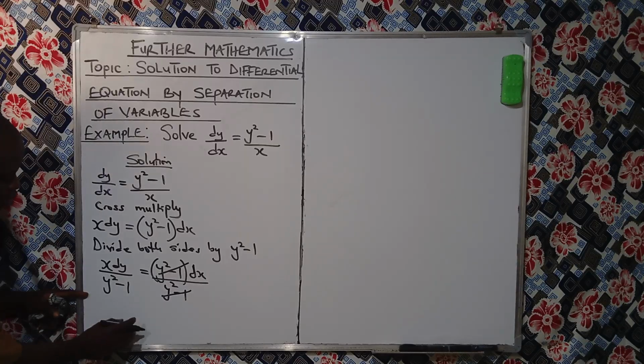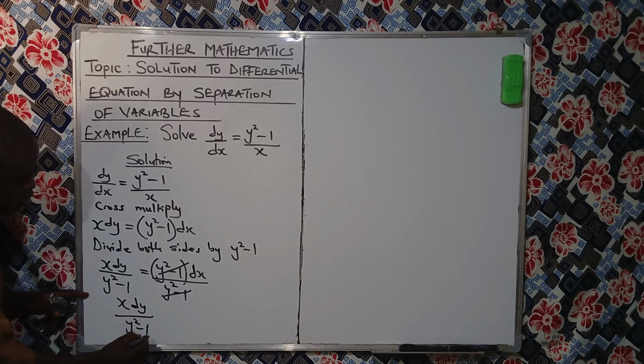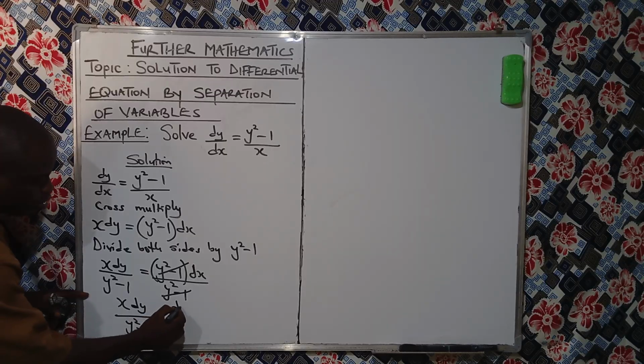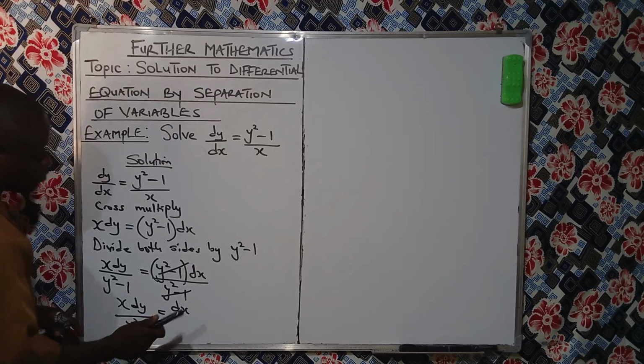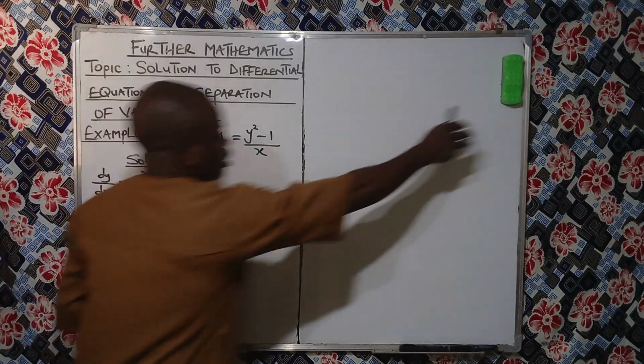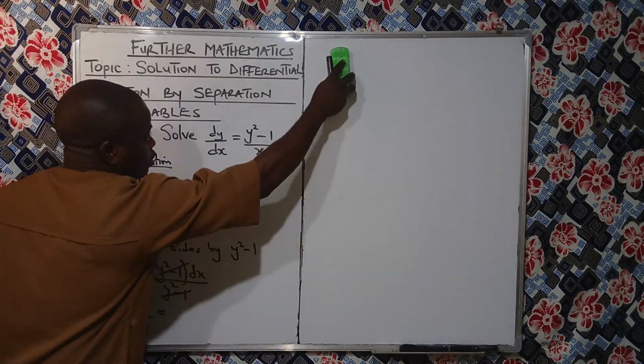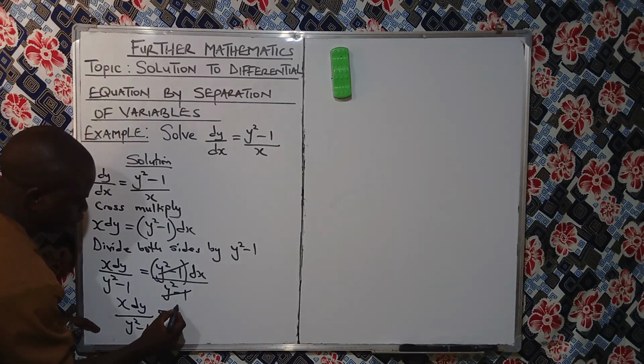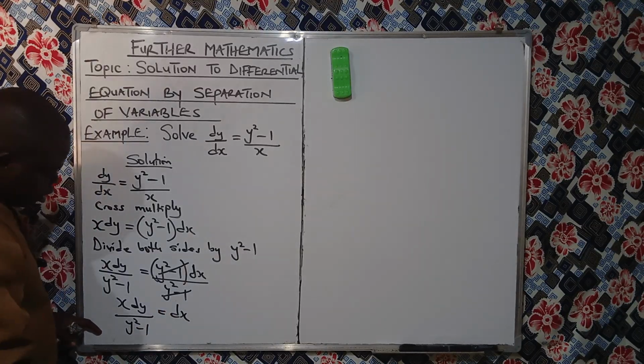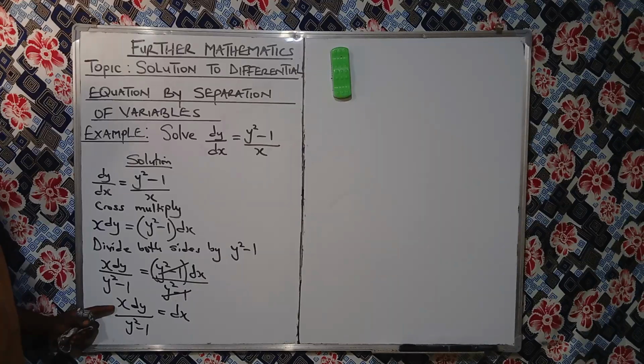Automatically, you are left with x dy over y squared minus 1 equals dx. If you look at the left hand side, you have x dy.